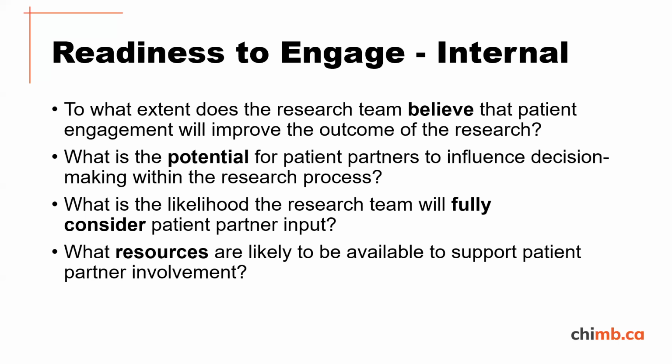What is the potential for patient partners to actually influence decision making within the research process? What's the likelihood that the research team will fully consider patient partner input? And then finally, what resources are likely to be available to support patient partner involvement? And that could be financial resources, but also staff, people on the ground who can make it happen.